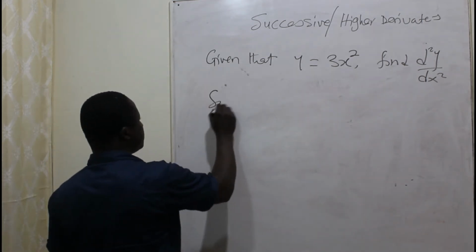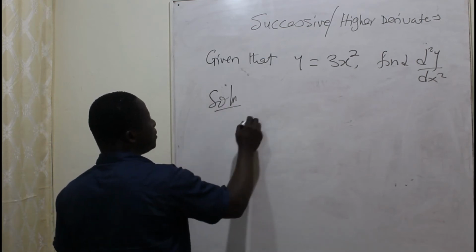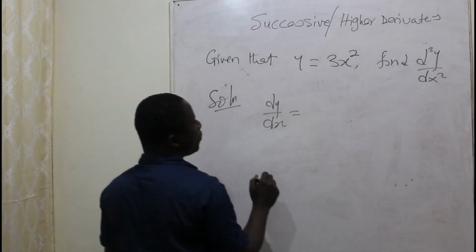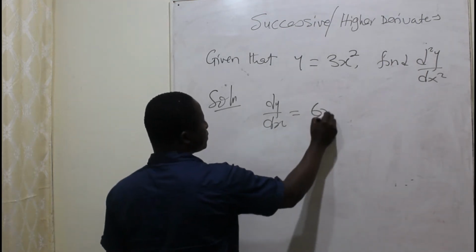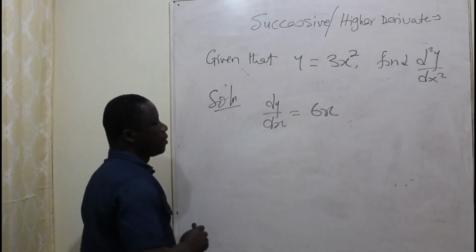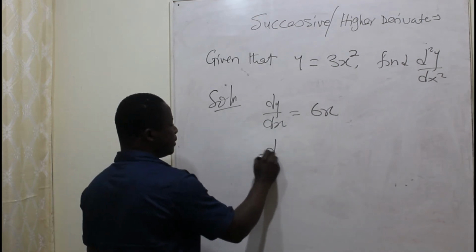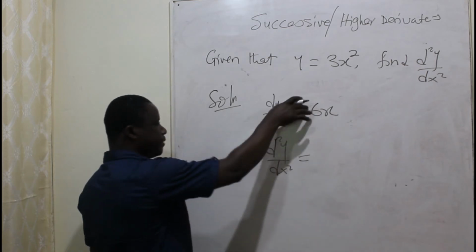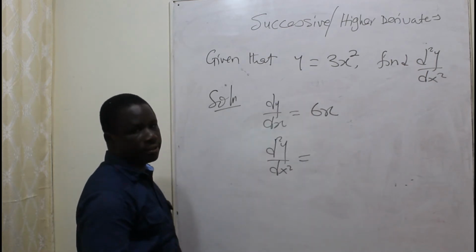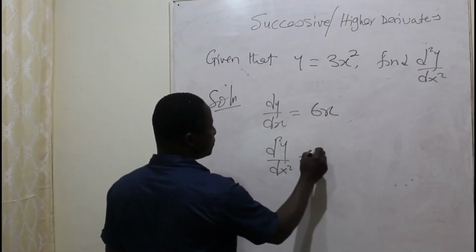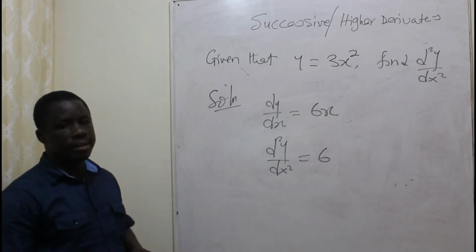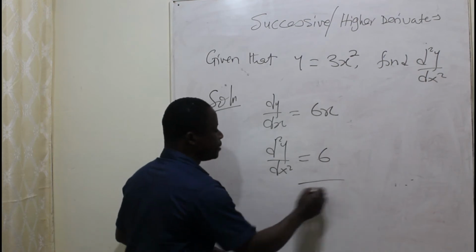And solution: dy/dx is now going to be 6x. And the further derivative, d squared y over dx squared, that is differentiating the first derivative, the result will be 6. And that is the answer for the question.